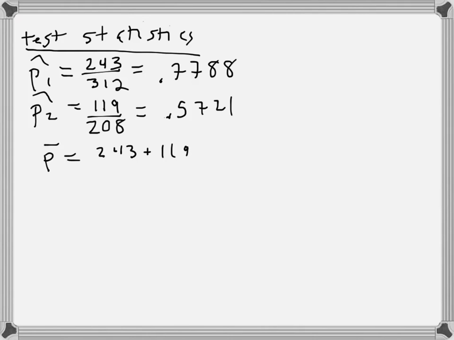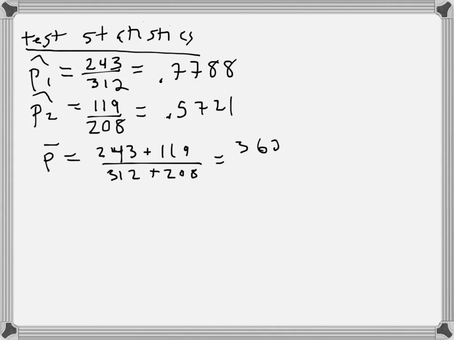So this is going to be total. Everyone in my sample, no matter the gender, how many of them preferred mayonnaise with their French fries. So that's going to be 243 plus 119 out of 312 plus 208. 243 plus 119, that's a 9, believe it or not.